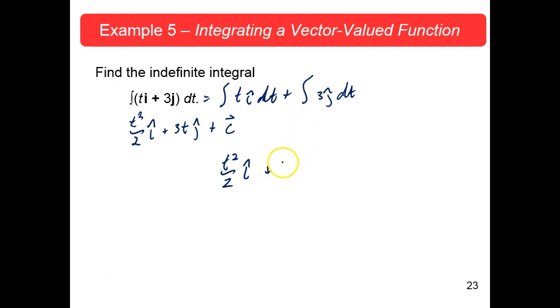Plus, you could break this down into 3 times the integral of j dt. But j really isn't anything, so you could pull that out too. Plus 3, I'm going to pull it out on the other side, so you don't think of it as a constant, because you're not really integrating that. What's the integral of dt? It's just t. So that's why it's 3t.